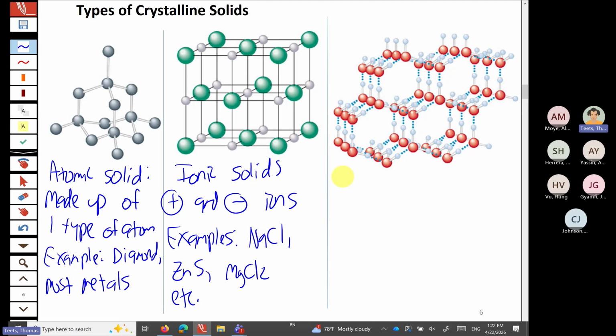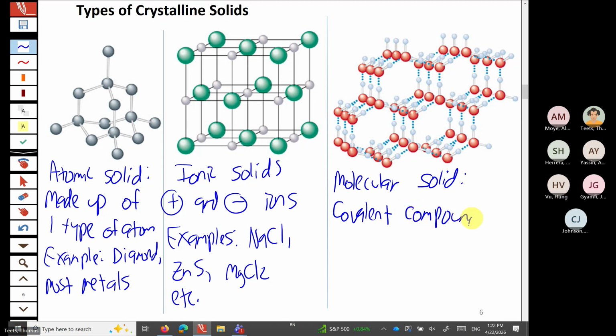And then the one that we won't really cover in a lot of detail in terms of its structural aspects, but we should be familiar with what it is, and we'll talk a little bit about their properties as well, are molecular solids. So molecular solids are covalent compounds, or I guess you could put polyatomic elements in this category as well.